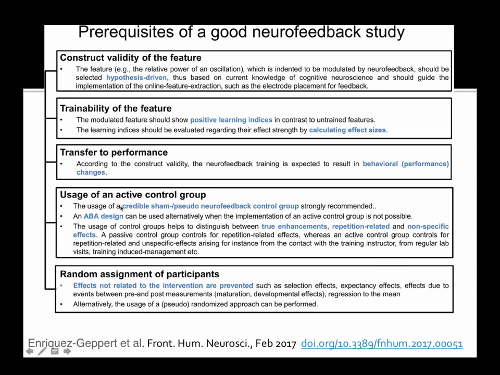One of the important things is to have a control. So that's usually a sham or pseudo feedback. That is, you have someone doing exactly the same routine, but not being shown the proper data. So the neurofeedback won't be happening, right? That external cue won't be happening.